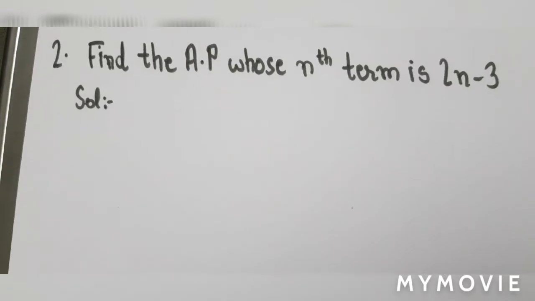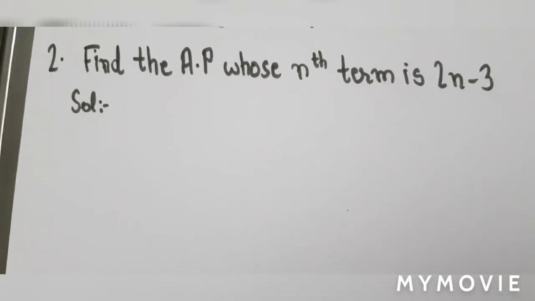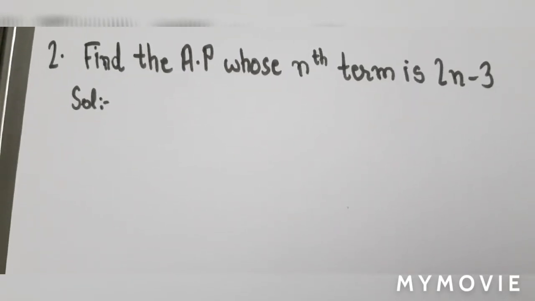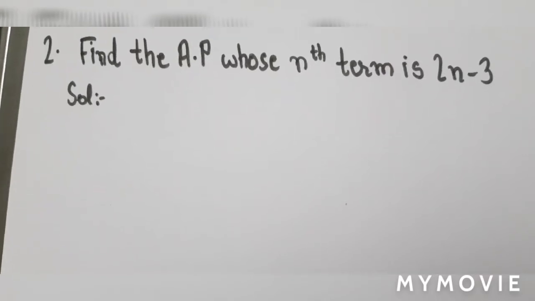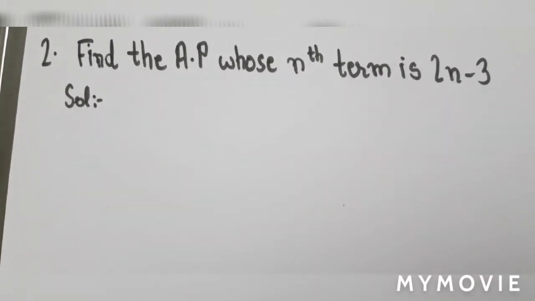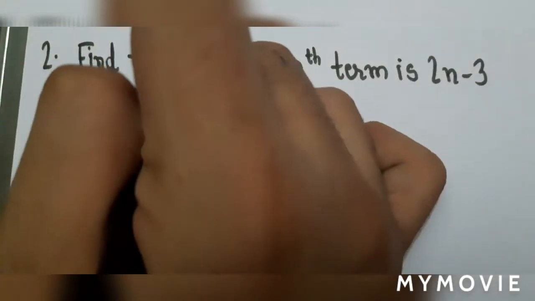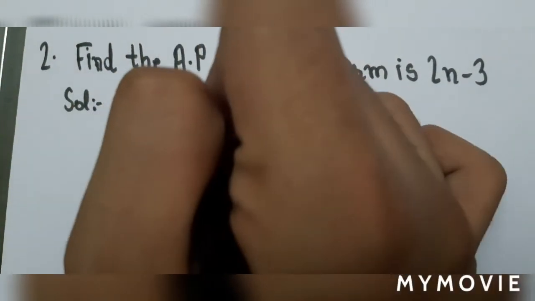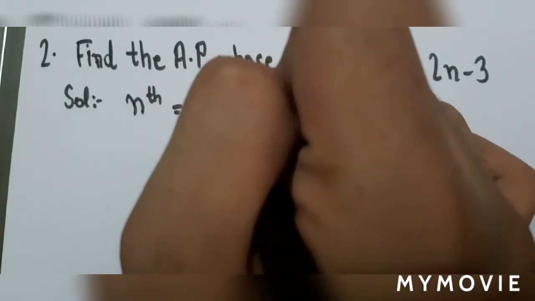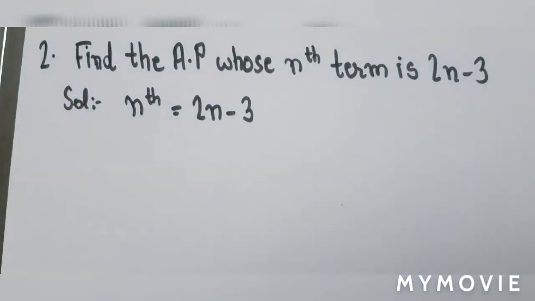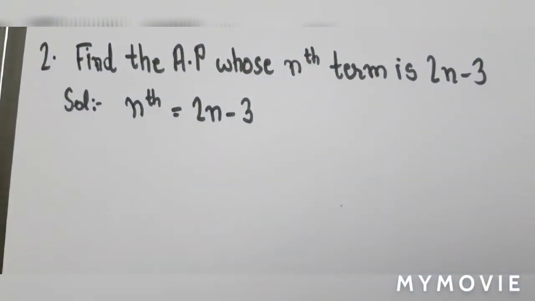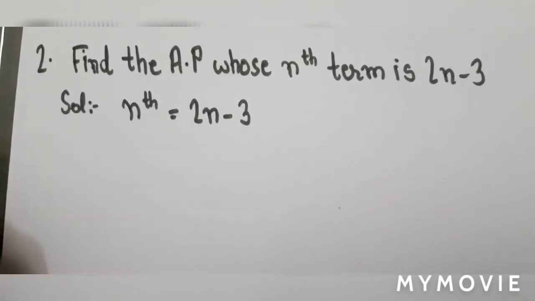So friends, our second question is: find the AP whose nth term is 2n minus 3. So friends, in this we should find the nth term. So take the nth term to be 2n minus 3. Next, we should find the first term of this AP.